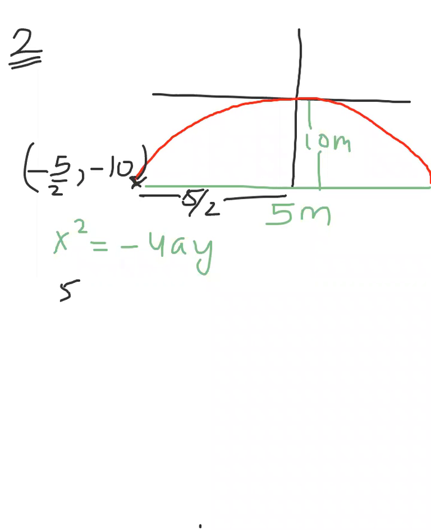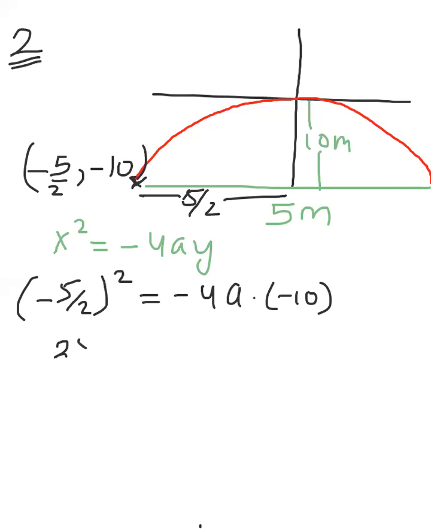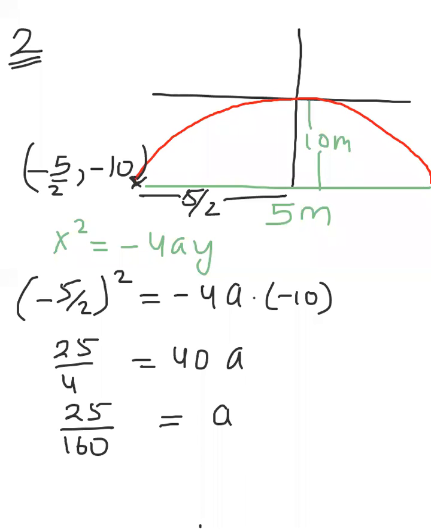x will be minus 5 by 2 whole square, equals minus 4 into a into y. y is minus 10. So it will be 25 by 4 equals 40a. So the value of a is coming 25 upon 160. I'm not simplifying it.